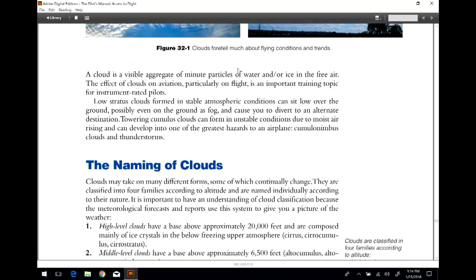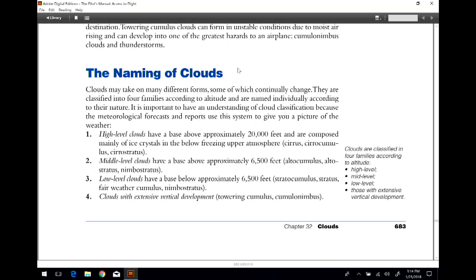So here we go, the naming of the clouds. These are things, guys, that you are going to need to know. So these are things that you're going to need to put down in your notes, and more importantly, log in your brain, because these will show up on a quiz near you.